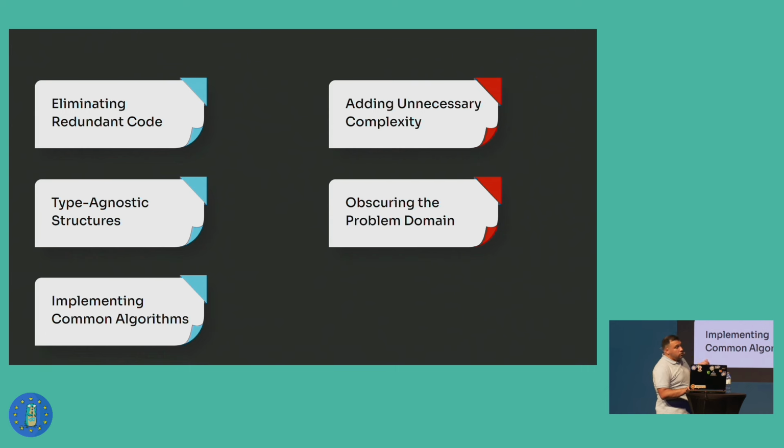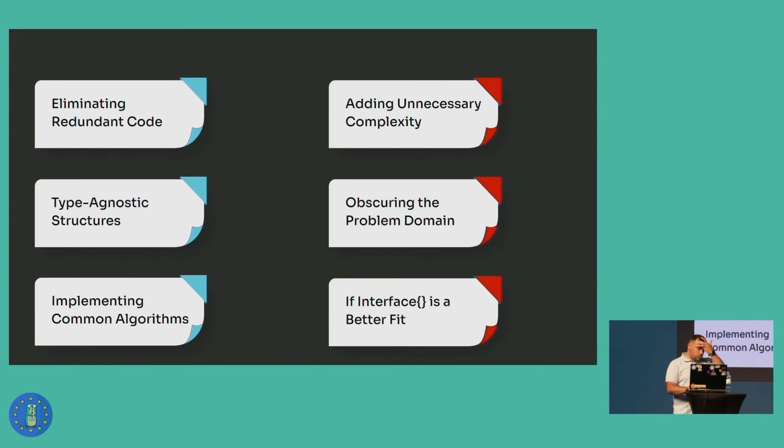If it obscures the intent of your code and adds an unnecessary layer of abstraction, always prefer clarity instead of complicating your code. That's what I've learned with Go. If an interface is better, don't use generics. Use interfaces instead.